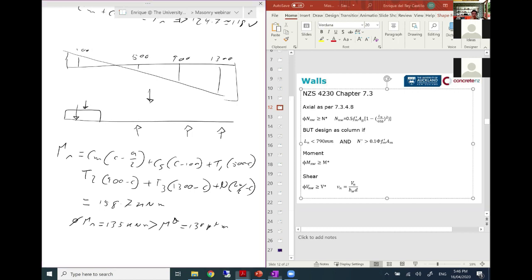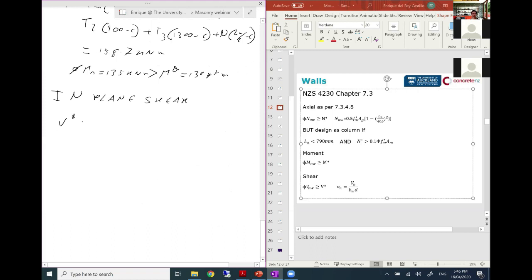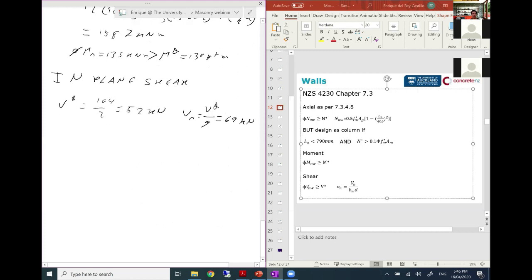Now the in-plane shear. Let's see if I can make it on time. My V star is 104 divided by 2, 52 kilonewtons. My Vn is my V star divided by the strength reduction factor, 69 kilonewtons.